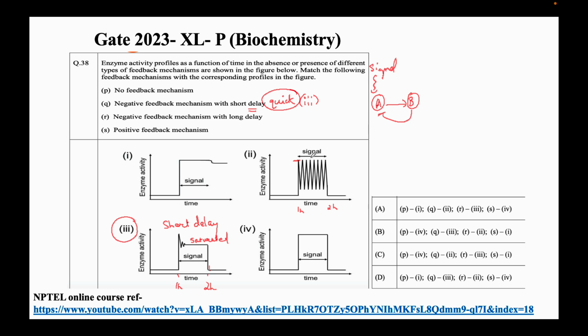Okay, and the feedback is delayed in the inhibition, and because of this delay there is again a sharp rise in the enzyme activity, okay, to the maximum point, and after the delay it is again inhibiting A, and again it is going down, okay, and this is continuous.